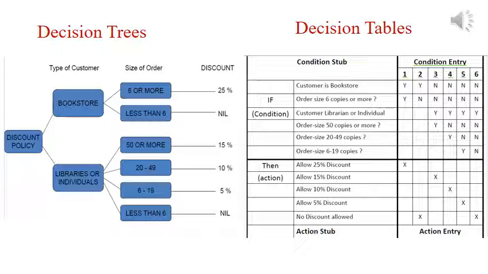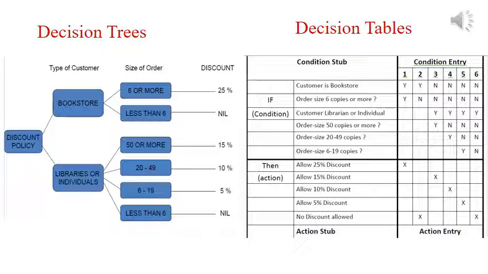So we are creating a decision table on the basis of this tree. How do we create decision tables? First we understand these four quadrants. First is condition stub, second is condition entry, third is action stub, and fourth is action entry.